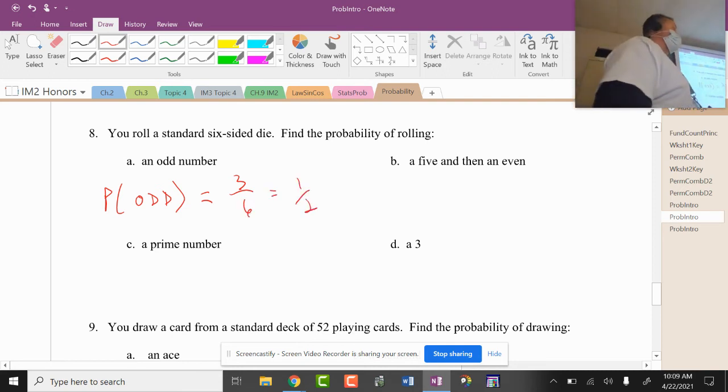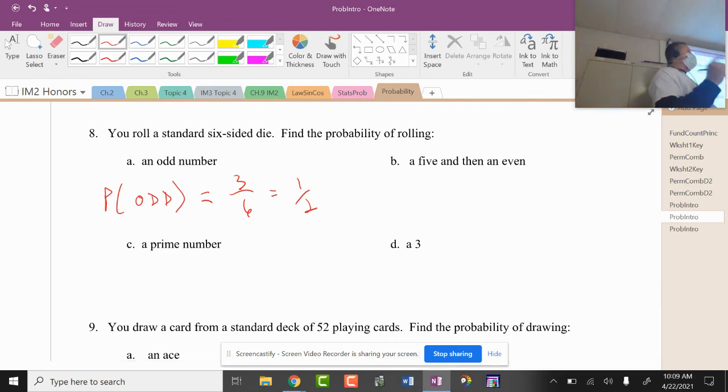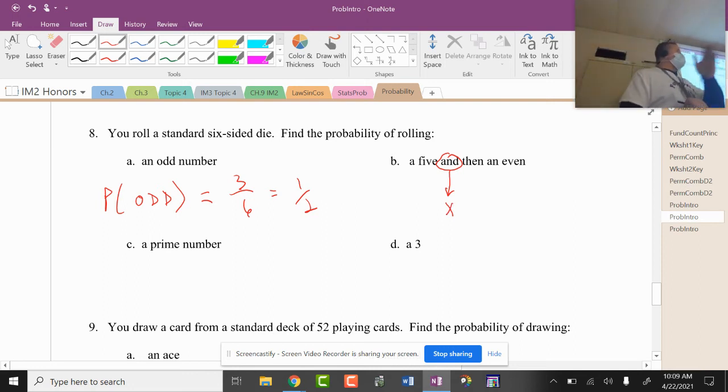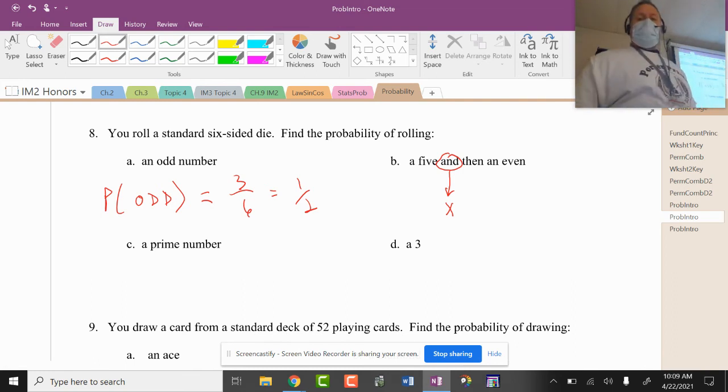All right, then here we go. Is rolling a die and then rolling it again independent or dependent? You tell me. What'd you say? Independent. The second die is not affected by the first. You have just as likely a chance of hitting anything. What does the word "and" mean? It's because you're rolling and then you're rolling again, and you need these 2 things to happen, and that's why the probability is going to be pretty small here.